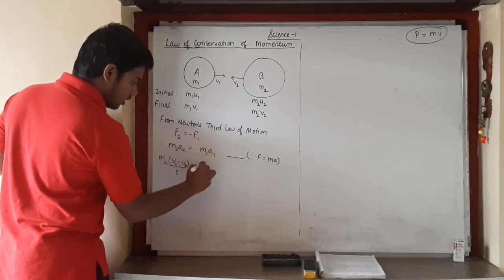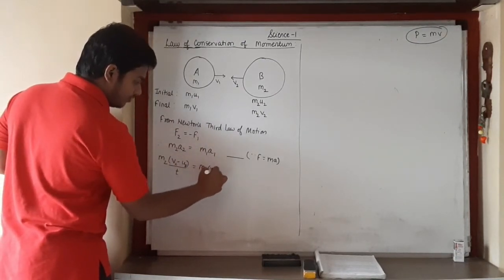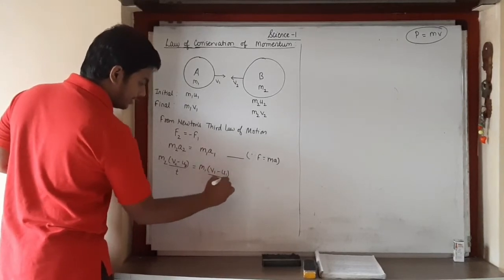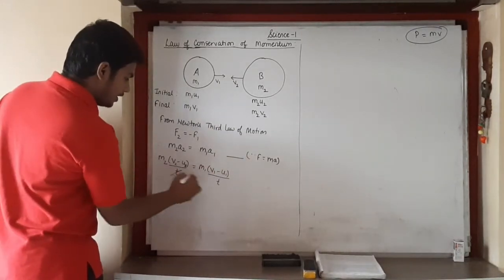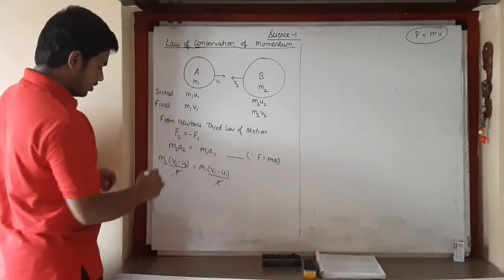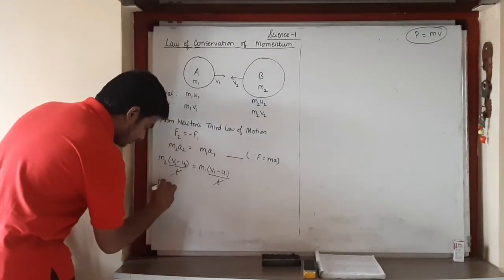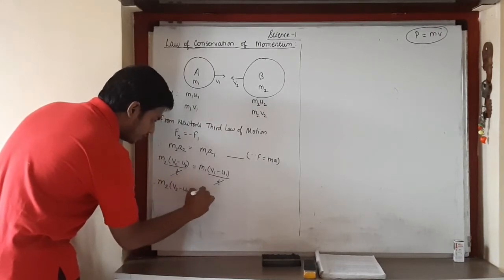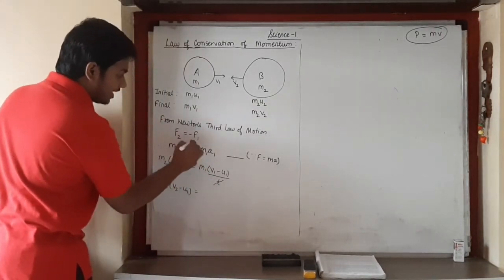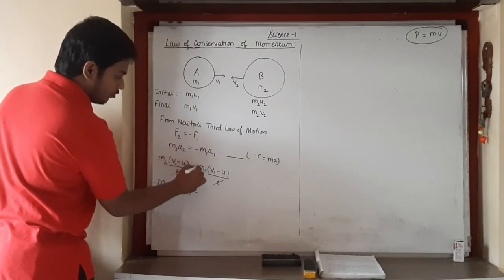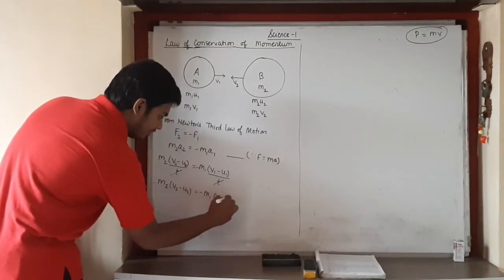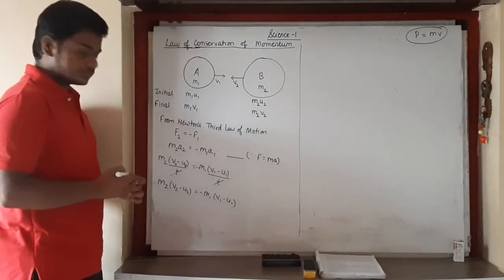Similarly here also m1, and for a1 we will have v1 minus u1 divided by t. Time period on both sides will get cancelled. What remains is m2 in bracket v2 minus u2 equals, and do not forget the subtraction sign which is following, minus m1 bracket v1 minus u1.